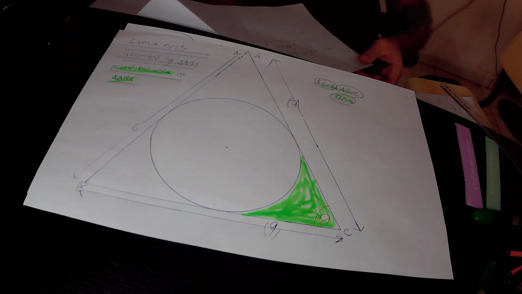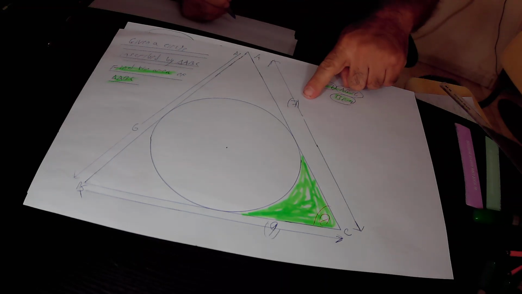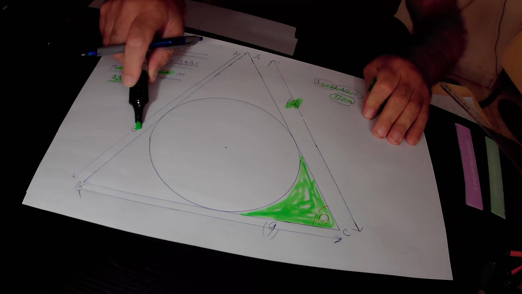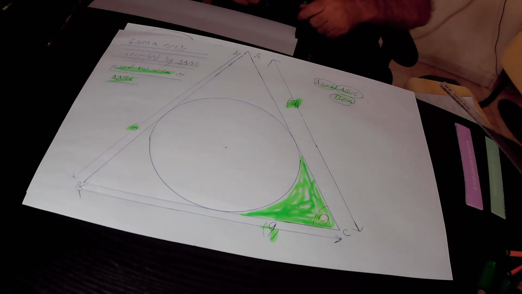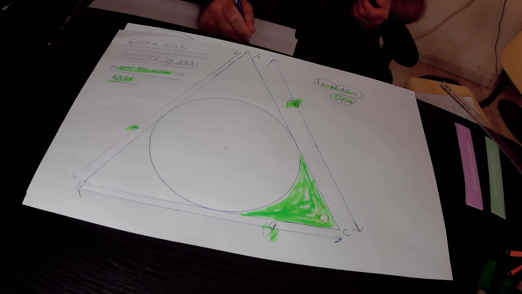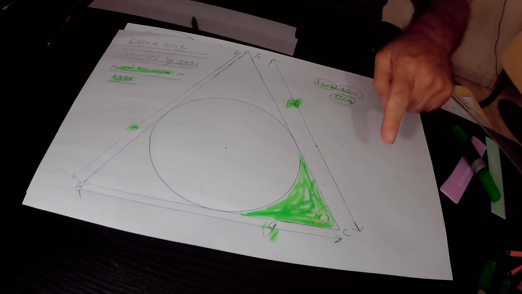So cosine theta equals AC squared. AC is 7, and therefore AC squared is 7 squared. Plus CB squared.